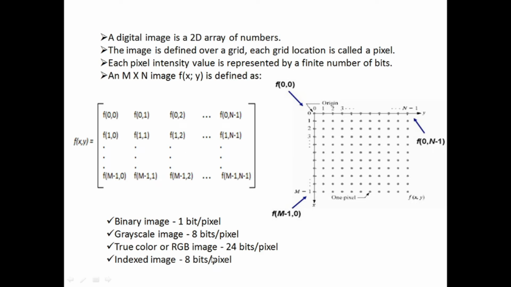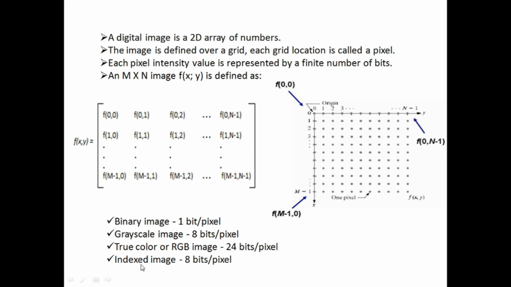Coming to a true color or RGB image, we have red, green and blue channels. So this image is associated with 3 channels, that is RGB, and each channel carries 8 bits per pixel as its information. So in total, when I accumulate these 3 channels, I get 24 bits per pixel.